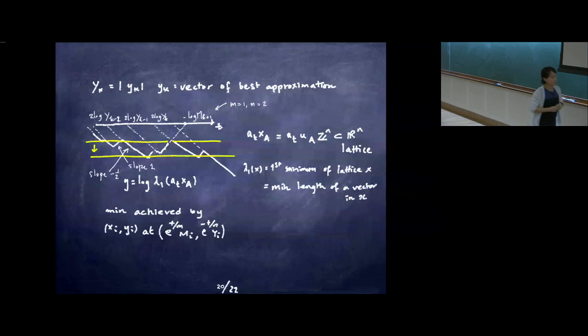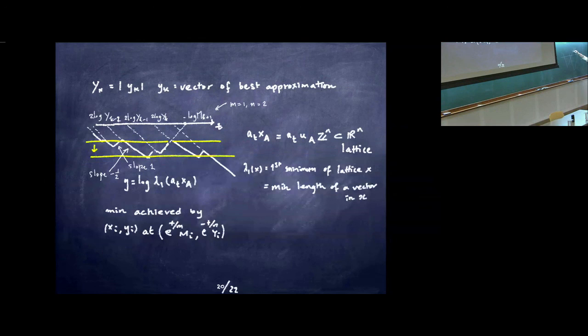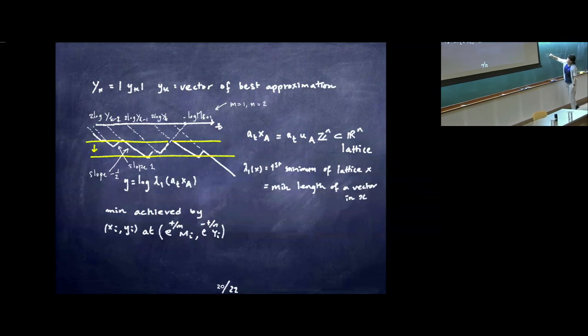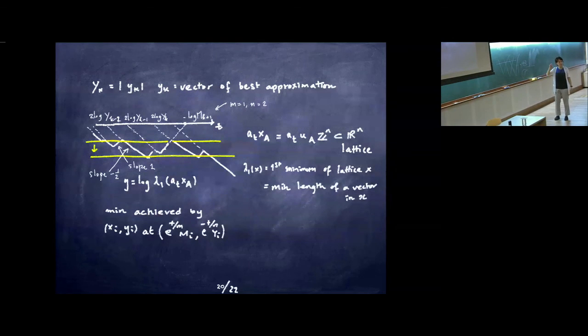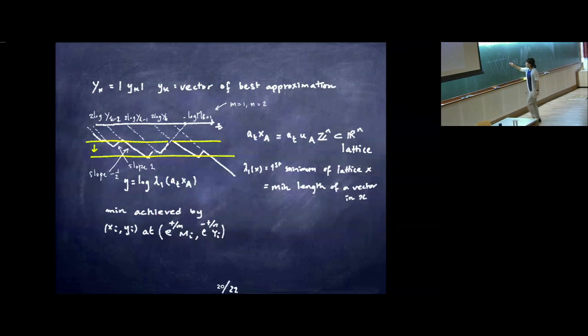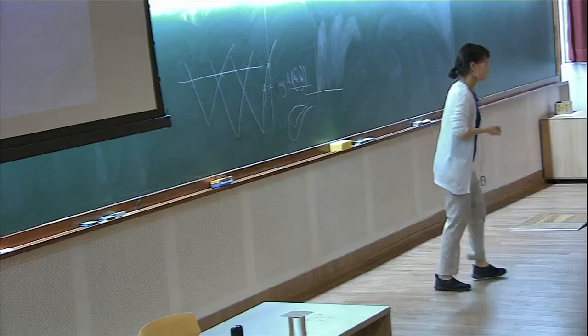Okay? So we have these mountains upside down, and these points will be 2 log y1, 2 log y2, etc., and these points will be negative of log of m1, m2, m3.